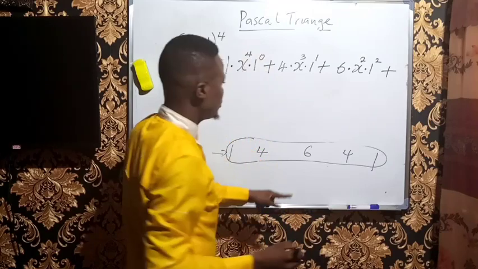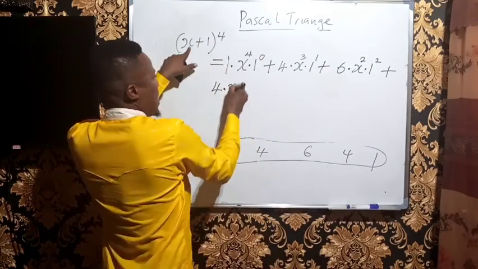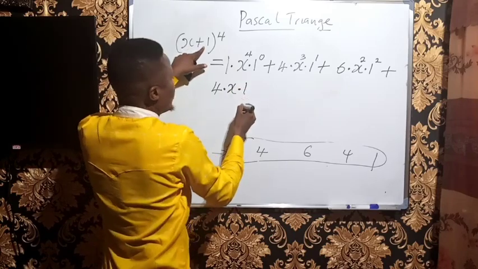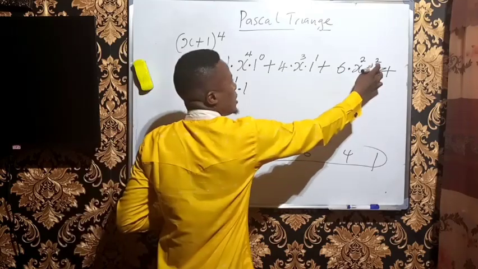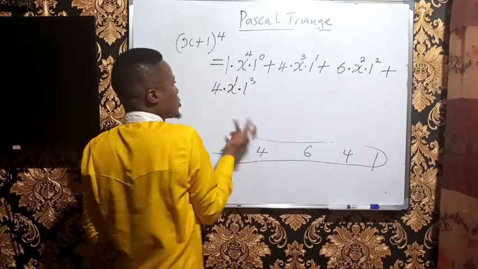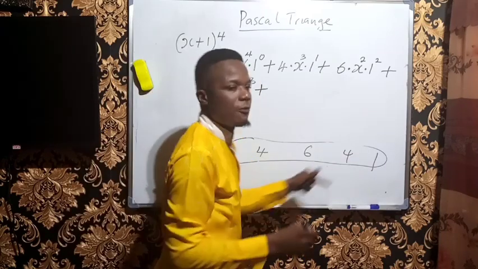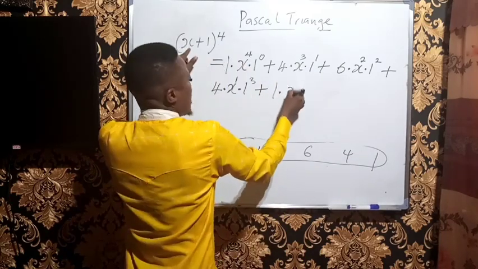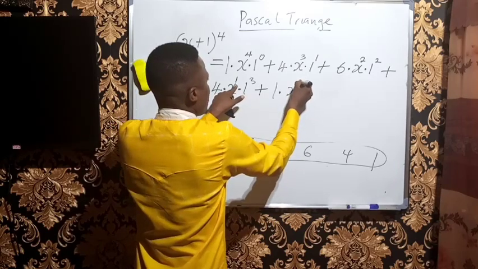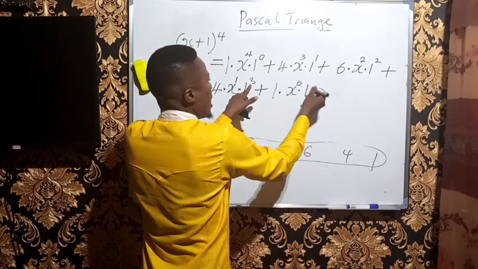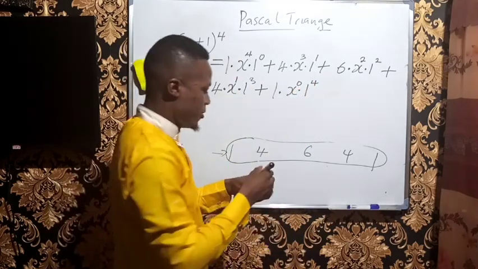Plus, the next coefficient is 4, multiplying x, multiplying 1. 2 in x will reduce to 1, and 2 in 1 will increase to 3, such that 1 plus 3 is giving us 4. Plus, the last coefficient is 1, multiplying x, multiplying 1. The 1 in x reduces to 0, while the 3 in 1 increases to 4, such that 0 plus 4 will still give us 4.